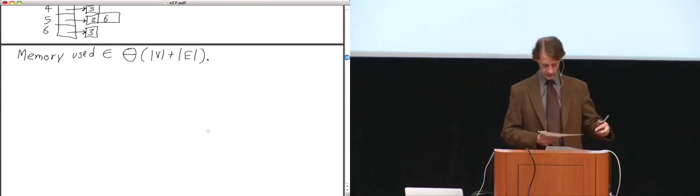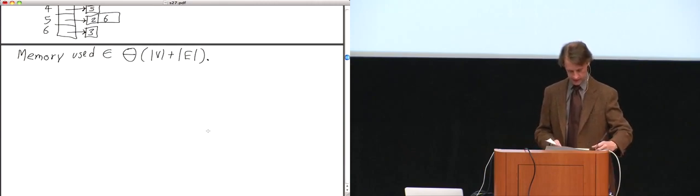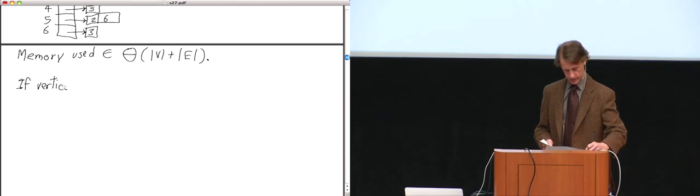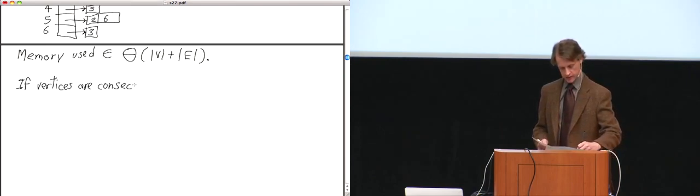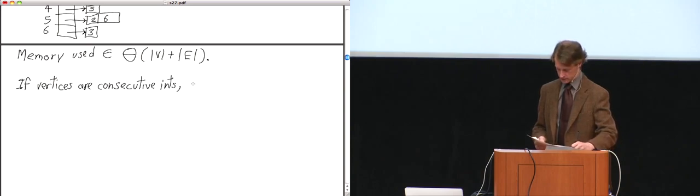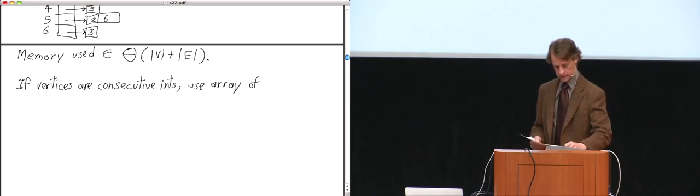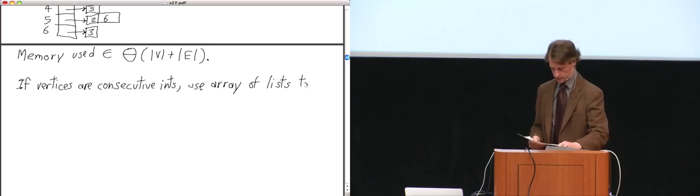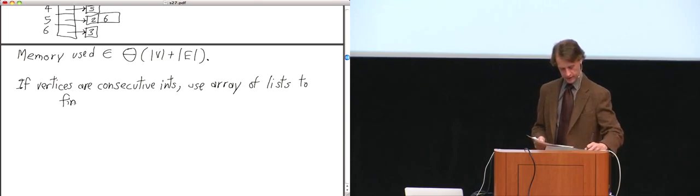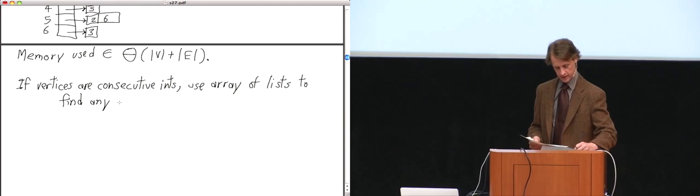All right, I'm going to write down something I just said, which is, if your vertices are consecutive integers, then you're in luck. It's easy. You can just use an array of lists. And that allows you to find any vertex's list, obviously in constant time.